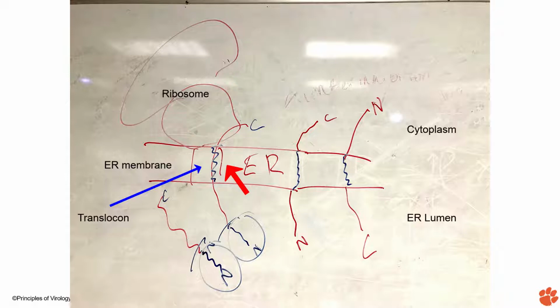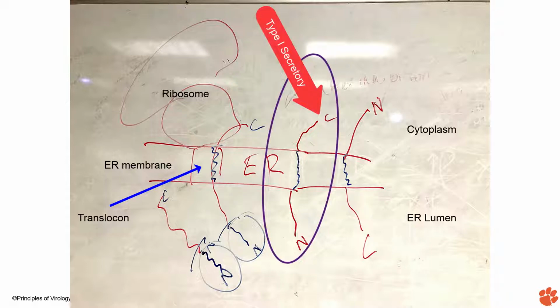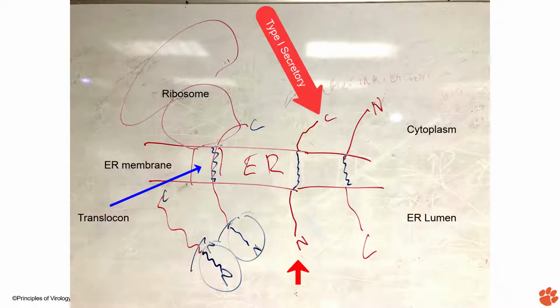That will bring the protein in here. So the matured protein will look like this. This is your N-terminal, and this is your membrane retention signal, and this N-terminal is chopped off.